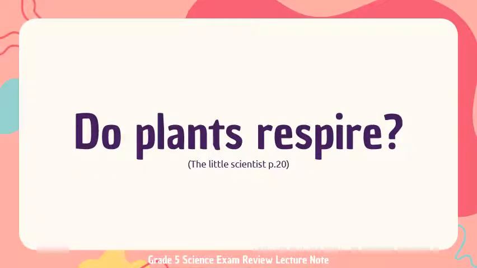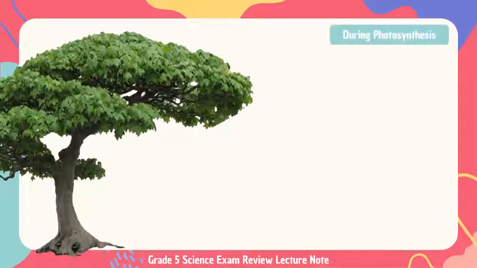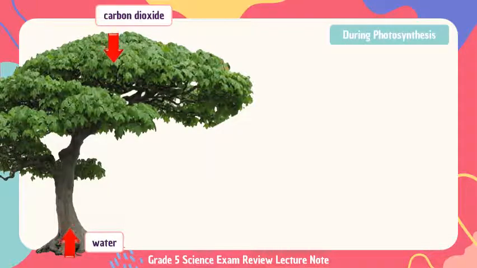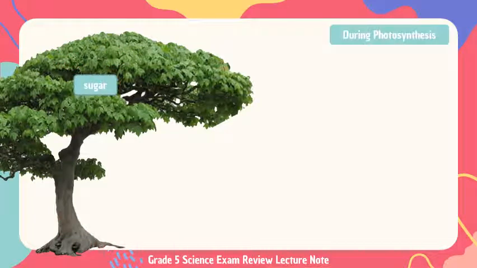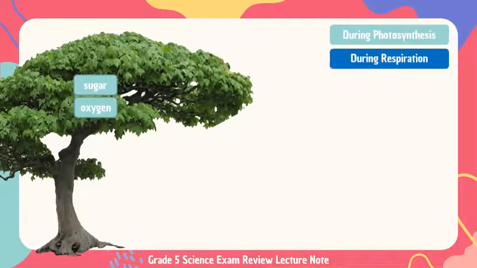Respiration is another process that happens in green plants. During photosynthesis, as we said, plants absorb water from the soil, take in carbon dioxide from the air through stomata, and they use the sunlight energy to form their food, which is a kind of sugar, and release oxygen. During respiration, plants breathe in oxygen.